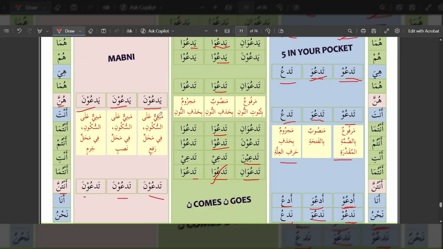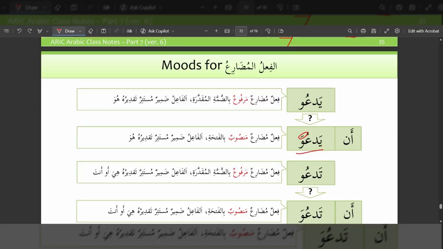So we say mabniyun ala sukuni fi mahalli raf, which means it stays fixed on the sukun in the state of raf. Mabniyun ala sukuni fi mahalli nasab, it stays fixed on the sukun in the state of nasab. مبني على السكون في محل جزم. It stays fixed on the sukun.